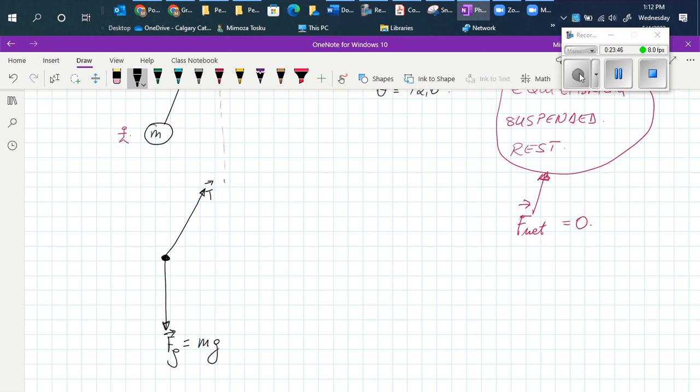Great. Now, being in the presence of an electrostatic field, what else do we have here? Since we have an electrostatic force, in which direction is it?